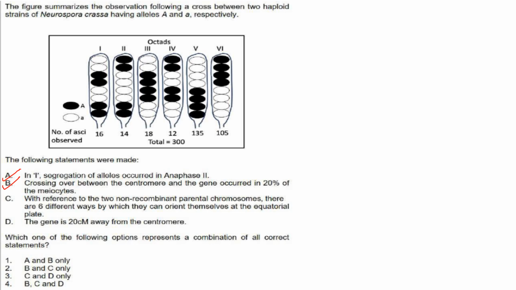So C is not the right answer. The gene is 20 centimorgan away from the centromere. That is also correct, because we got that crossing over between the centromere and the gene occurred in 20% of the meiocytes. So D is also correct, but it is not there in the options. So A and B only they have given. So 1 is the right answer.